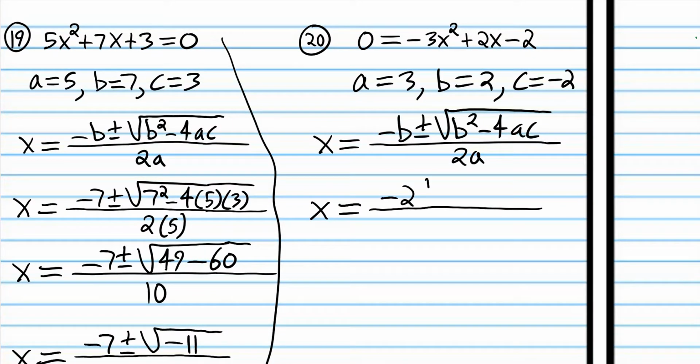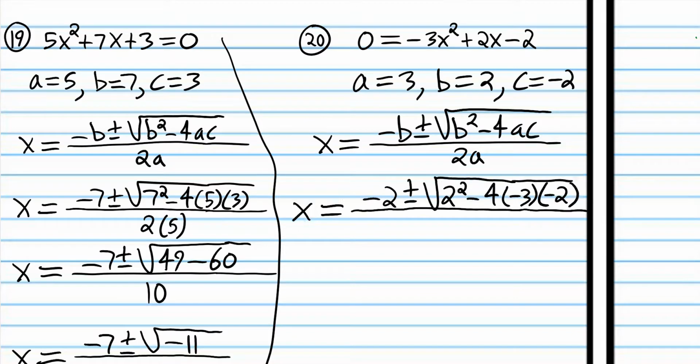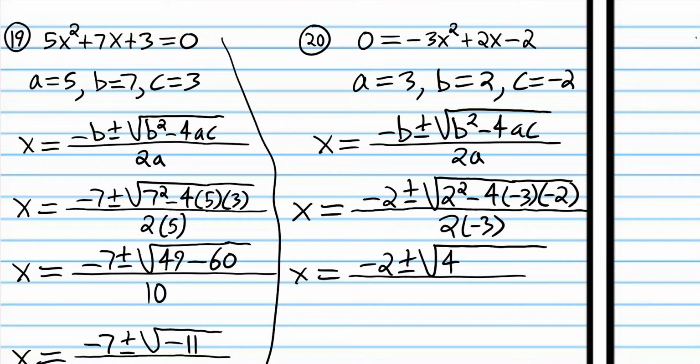So negative b plus or minus root b squared minus 4ac, all over 2 times a. 2 squared is 4, and then negative 4 times negative 3 is 12, and 12 times negative 2 is negative 24.